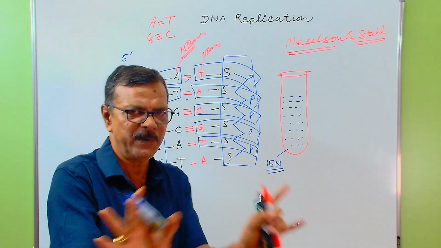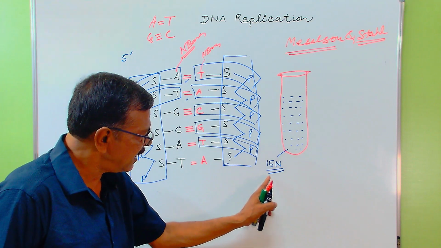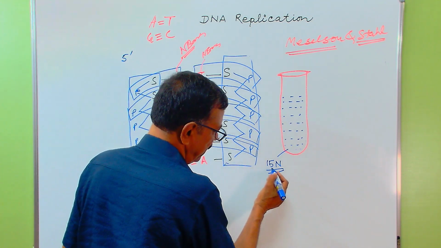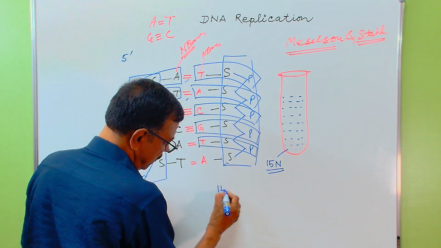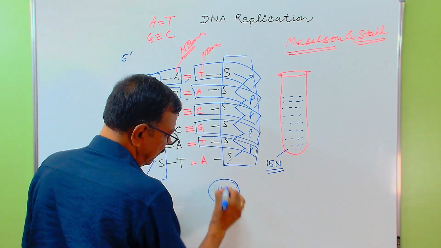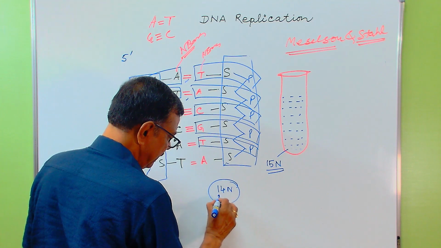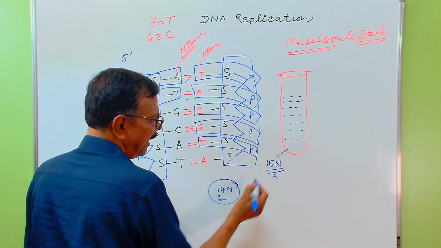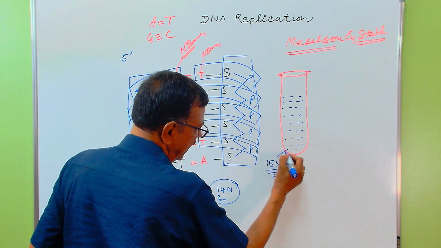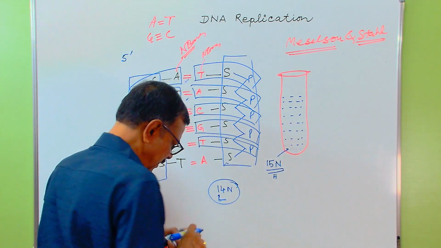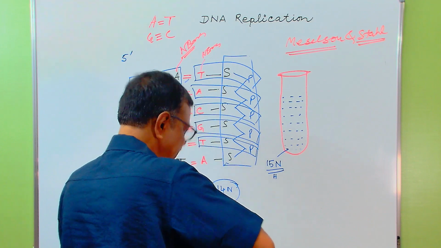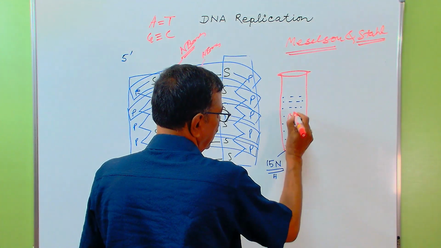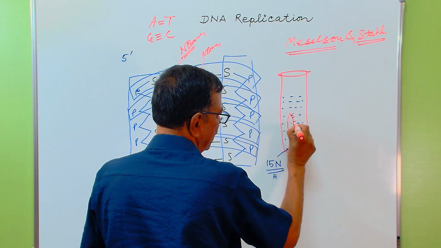Very simple, within 2 minutes I am completing. This contains the 15N isotope. Usually the isotope of nitrogen is 14N, which is lighter, and this is heavier. They cultured a bacterium, Escherichia coli, E. coli.